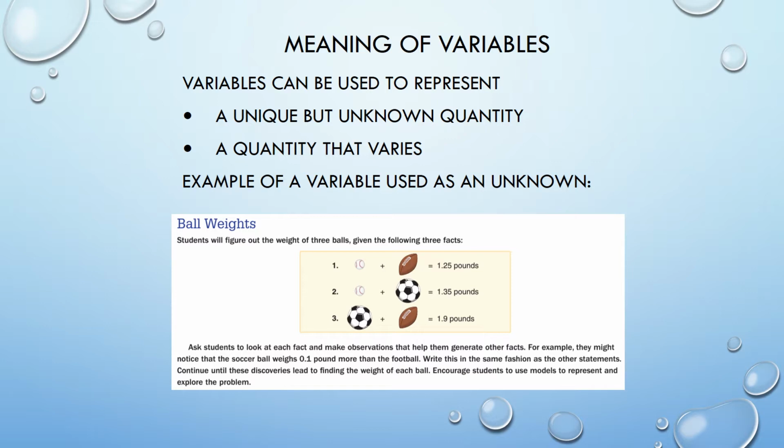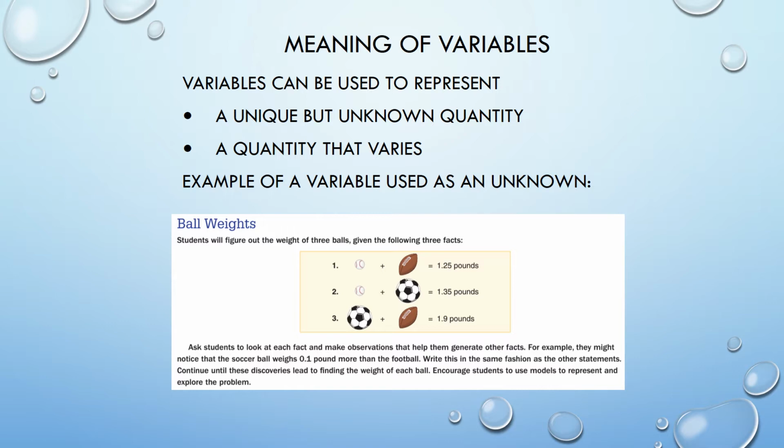So if you look at it, you know that adding the baseball and the football equals 1.25 pounds. Adding the baseball and the soccer ball equals 1.35 pounds. And adding the soccer ball and the football equals 1.9 pounds. So I figure out from 1 and 2 that the soccer ball actually weighs 0.1 more than the football.